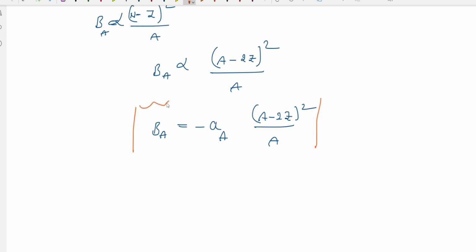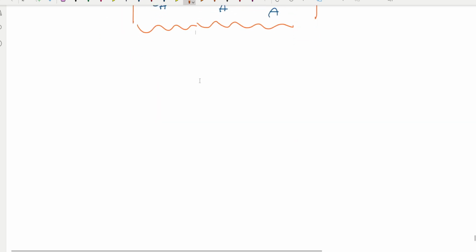This is the fourth term. And the fifth term is pairing energy, which is very, very important.